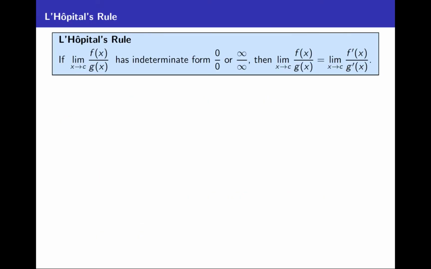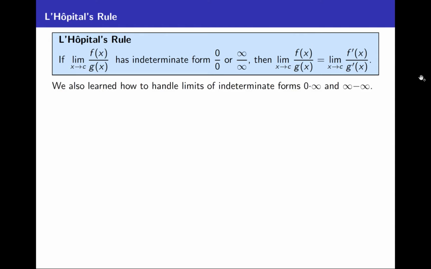A quick reminder of L'Hopital's rule. It states that if the limit as x approaches c of f of x over g of x has indeterminate form 0 over 0 or infinity over infinity, then the limit as x approaches c of f of x over g of x is equal to the limit as x approaches c of f prime of x over g prime of x.